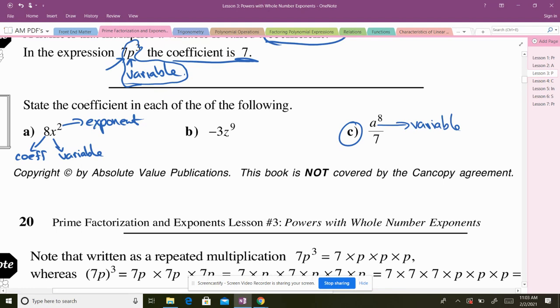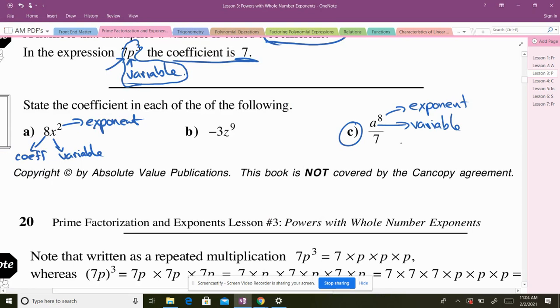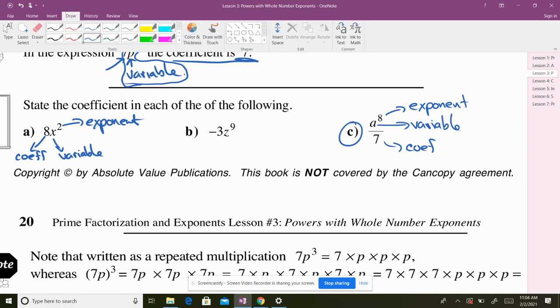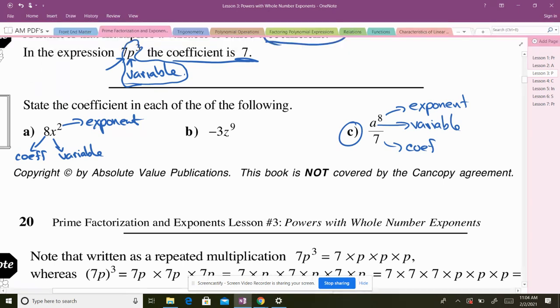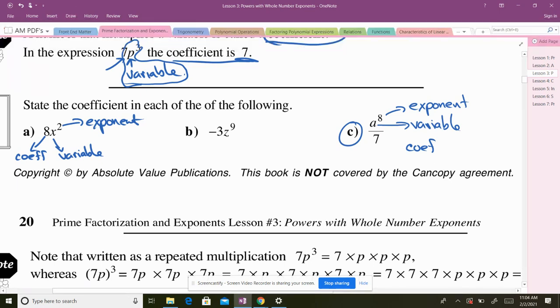What's the exponent? 8. That is right. I'm going to erase that arrow because it's going to mess you up. What is the coefficient? No, letters are always variables.